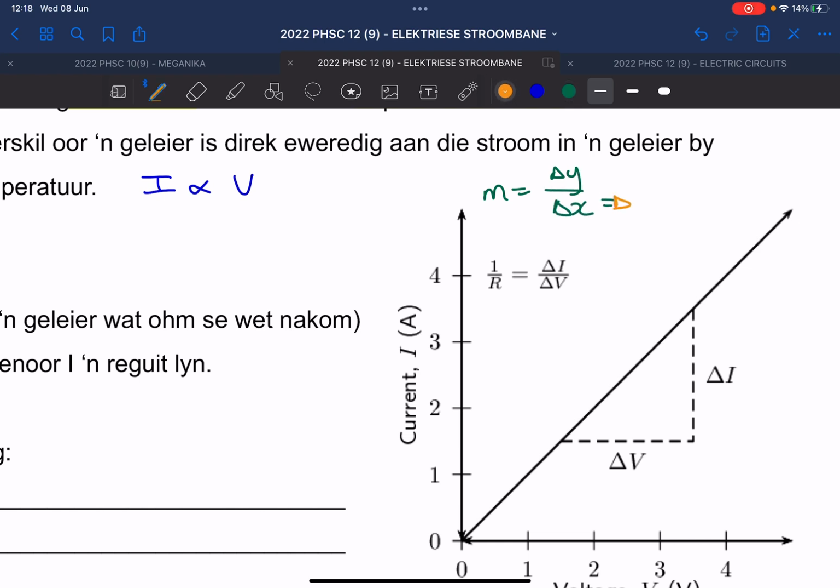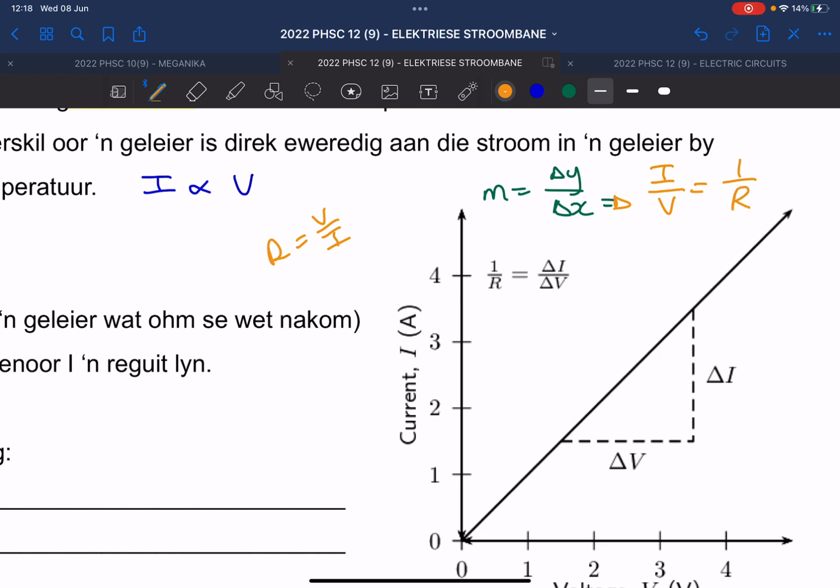Then here we have, it is the current over volts. Okay, ons het nou net gesien, we just saw there at the bottom, that resistance is volts over current. So that is the inverse of that. Hulle is omgekeerd van mekaar. So dit is die resiprook, dat is 1 oor R.